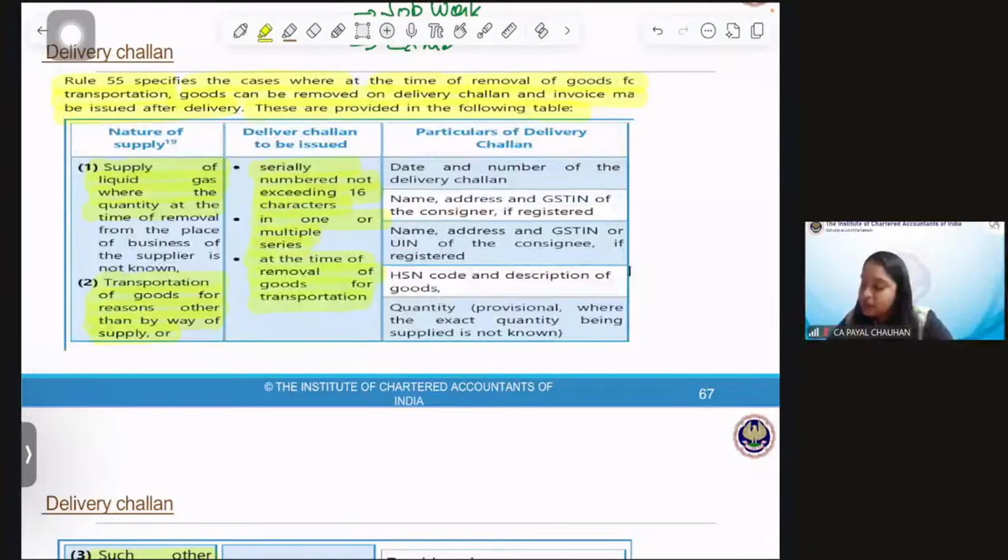Now, the particular date and number of the delivery challan, name, address, and GSTN of the consigner if registered, name, address, and GSTN of the consignee if registered, HSN code or description of goods, quantity, provisional where the exact quantity being supplied is not known. If you don't know the quantity, then provisional.